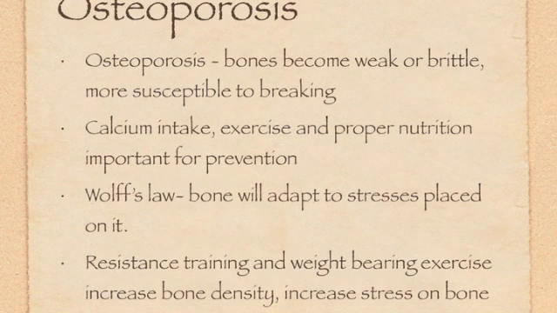Exercise and good nutrition, a good diet with calcium intake, help to prevent osteoporosis. Exercise puts stress on the bones, and with Wolff's law, a bone will adapt to those increased stresses. So resistance training, weight-bearing exercise, running, playing basketball, those things all increase the strength of the bone matrix and the strength of the bone.